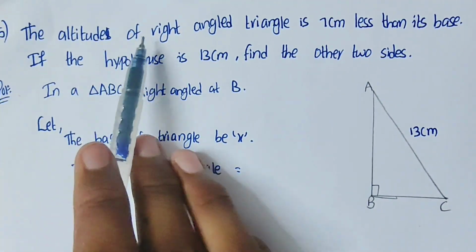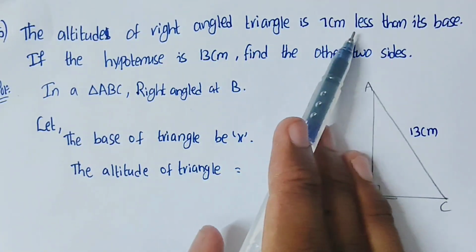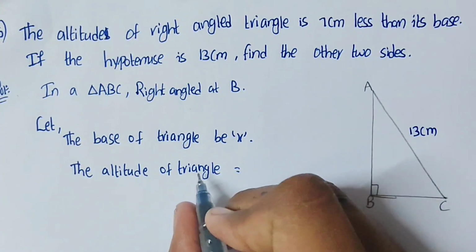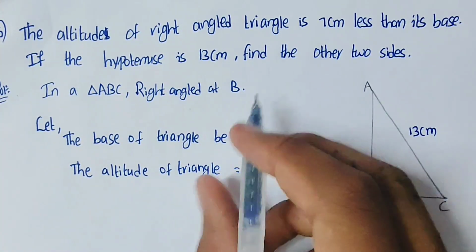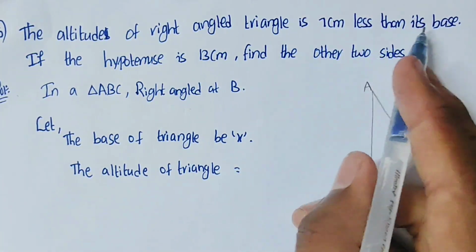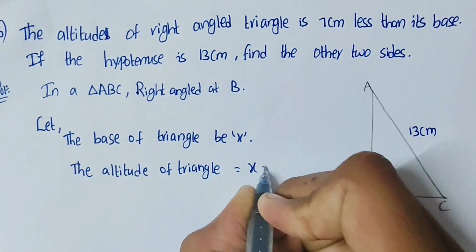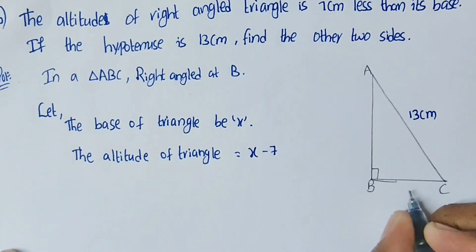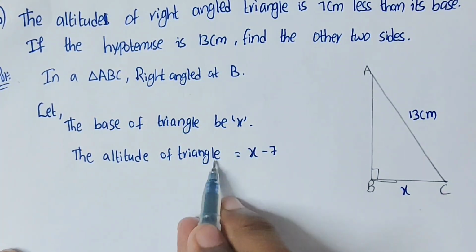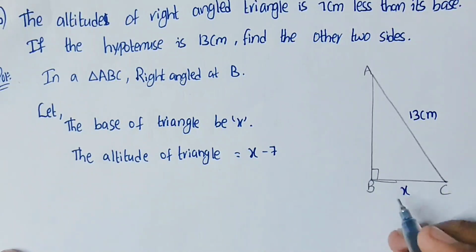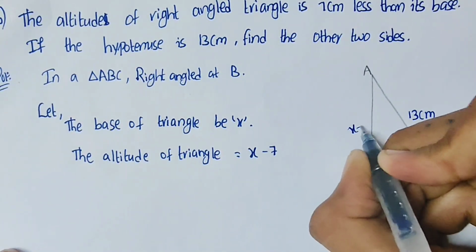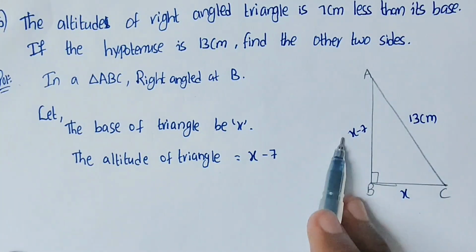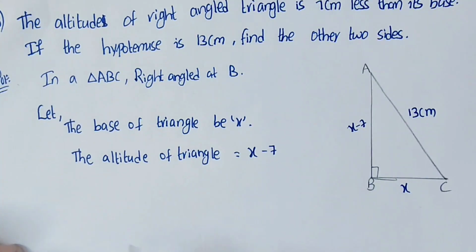The altitude of a right angle triangle is 7 cm less than its base, so the altitude becomes x minus 7. So the base BC is x, and the altitude, the height, is x minus 7. He asked to find the other two sides, that is x minus 7 and x.